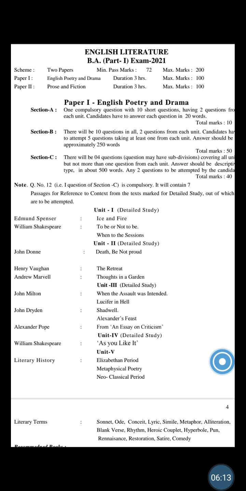So, literary terms are very important, and to understand the basic history and the literary terms, you have a book, Glossary of Literary Terms by M. H. Abrams, which has been recommended to you in your syllabus too.